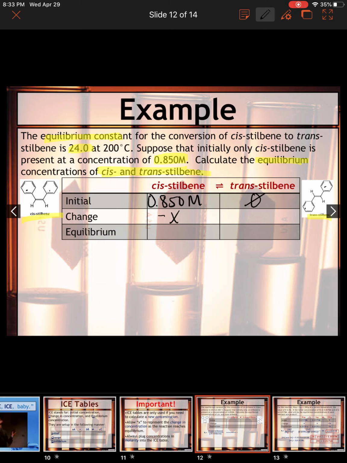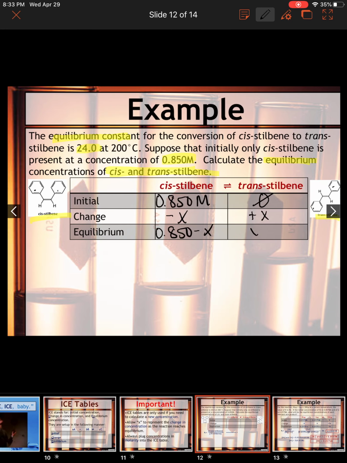So it is going to be minus x, and then our product is going to have some added to it. So this is going to be plus x. So that means at our equilibrium, this is 0.850 minus x, and this is just x.